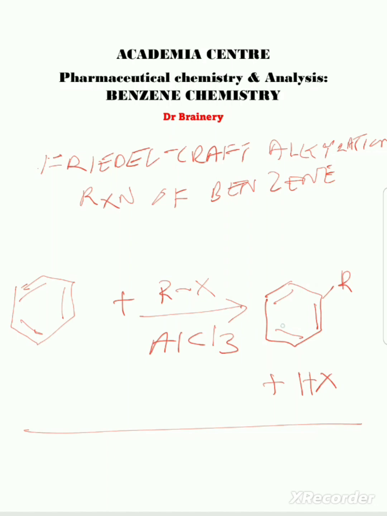So this is now the product, which is a benzene having an alkyl group attached, plus hydrogen halide there. So let me just give you a quick, simple example that will help us to know the general mechanism of alkylation, which is FC alkylation reaction of benzene, where FC is just Friedel-Crafts alkylation.